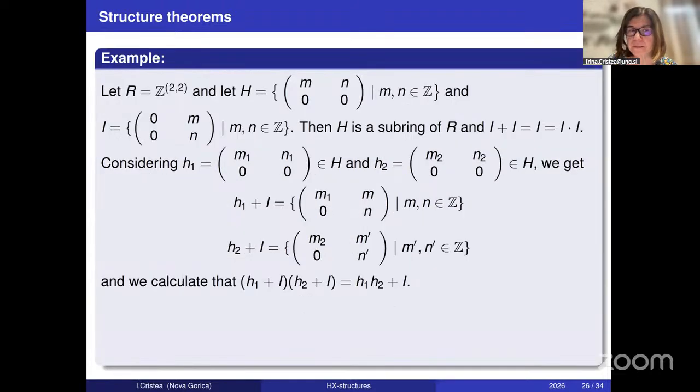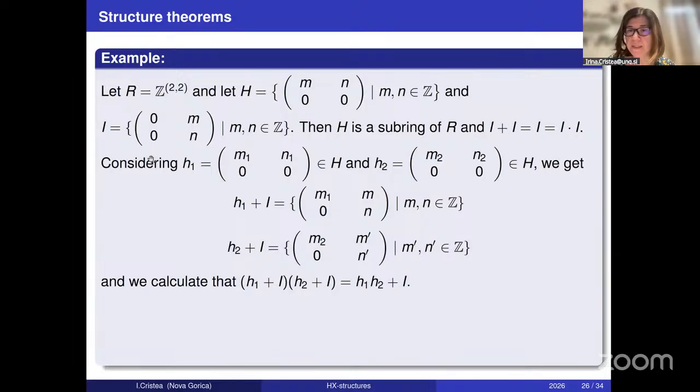An example taken from the matrices. This is a very clear example. On the set of matrices 2 by 2 with integers, let's consider H the one having the last line equal with zeros, and E the set with the matrices having the first column equal with 0.